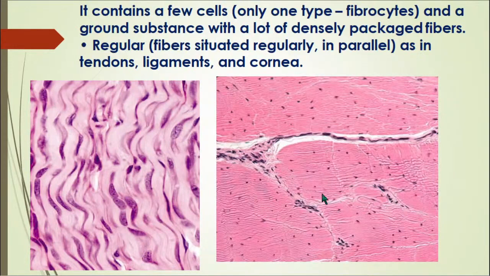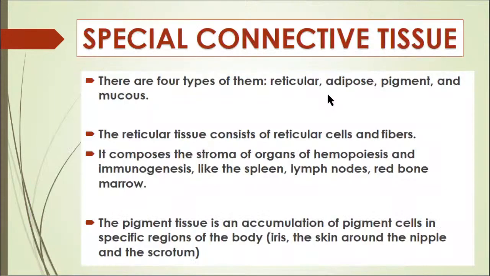This is endotendinium, between peritendinium and epitendinium outside, that's our outermost structure. We also have a few cells, the fibrocytes, mainly dominating in these structures. Regular fibers are situated regularly in parallel, and this characterizes tendons, ligaments, and cornea.